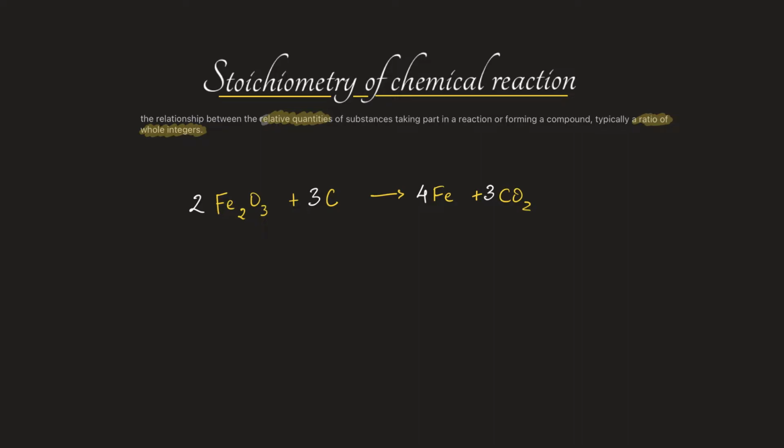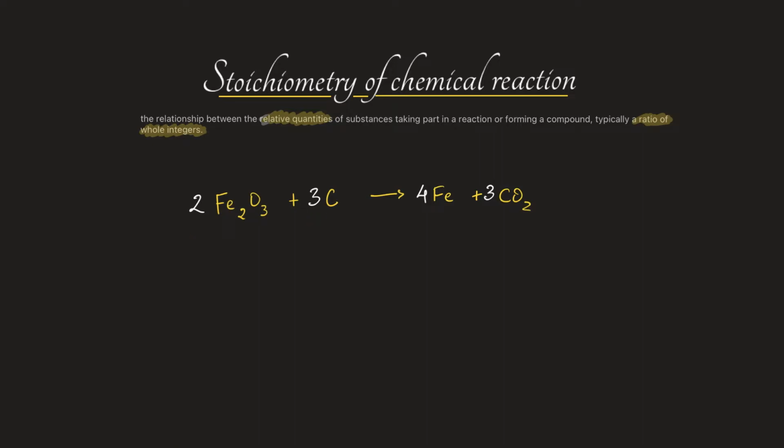And the reason why I highlighted those is because I want you to see that the relative quantities of these elements or chemicals are always in whole numbers, meaning 2 moles of iron oxide requires 3 moles of carbon, or 2 moles of iron oxide will give you 4 moles of iron, and 2 moles of iron oxide will give you 3 moles of carbon dioxide.